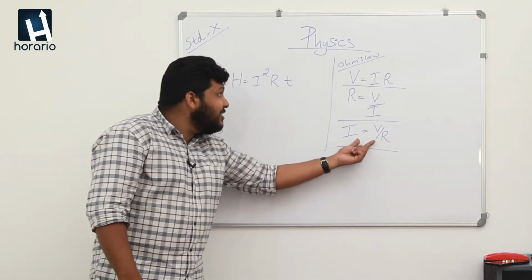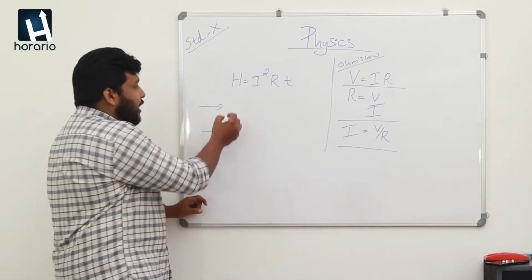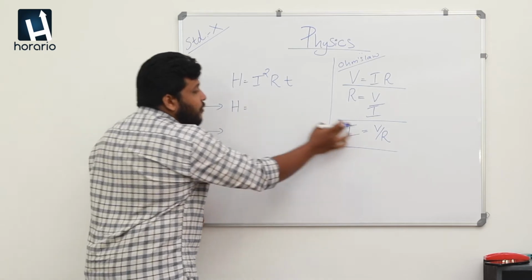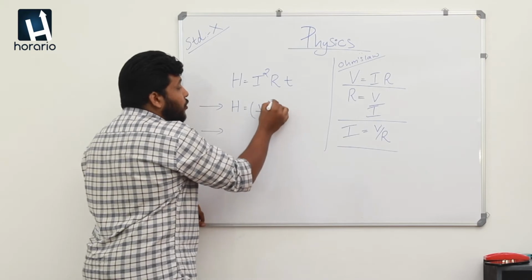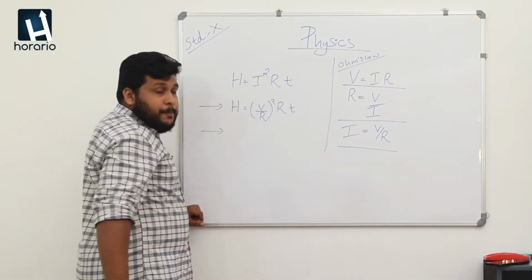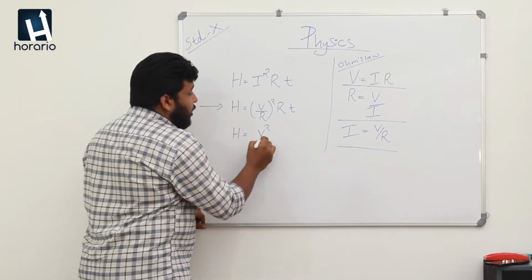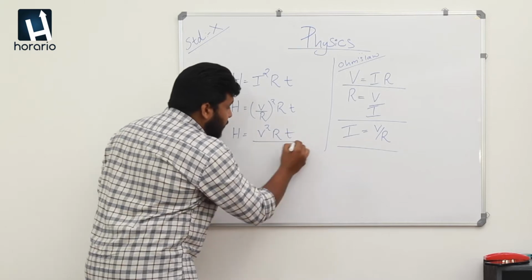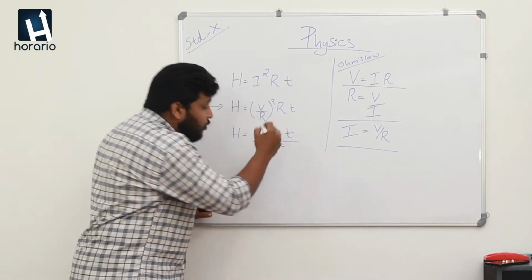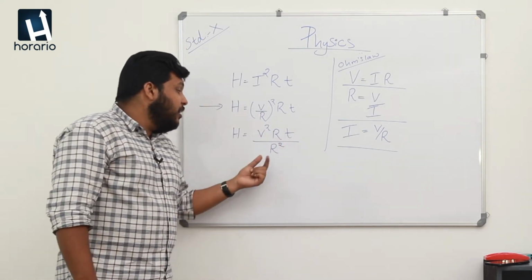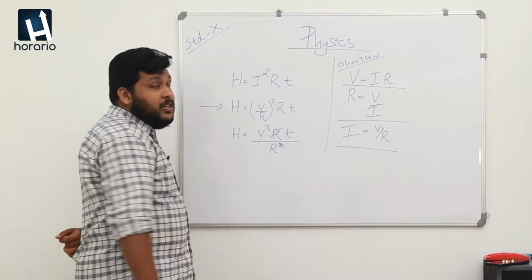I am substituting the relation I is equal to V by R into the equation, like H is equal to V by R for I. So V by R whole square into R into T. So the equation will be H is equal to V square RT divided by R square. So we have an R in the numerator and R square in the denominator, so we can cancel one R from each side.